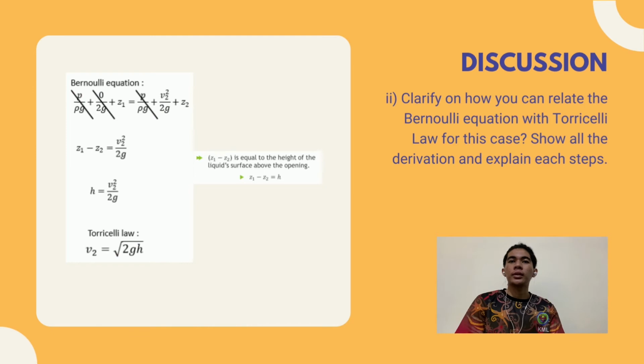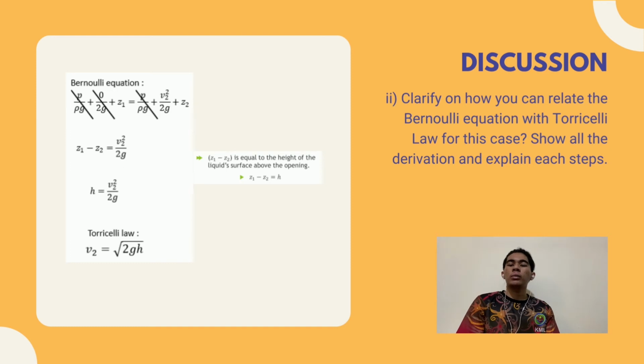As you can see on the slide, the derivation of Torricelli's law from the Bernoulli equation: P1, V1 and P2 will be cancelled out and we get Z1 minus Z2 equal to V2 squared over 2g.